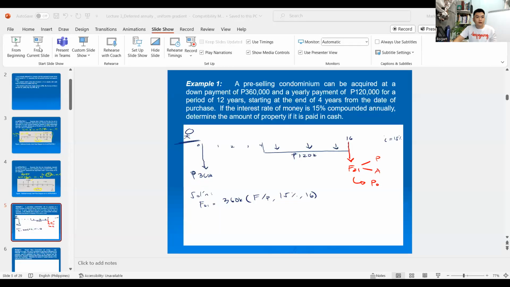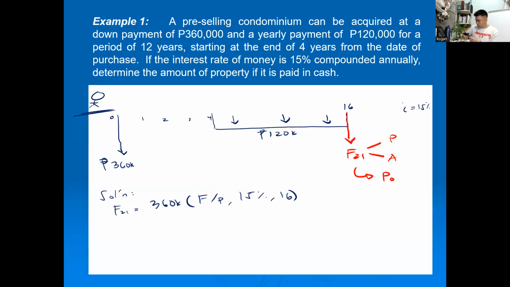Balik tayo sa ano natin. Itong value na yan, that is equivalent to 9.3576. So, alam mo na si F21. That will be 360K times 9.3576.